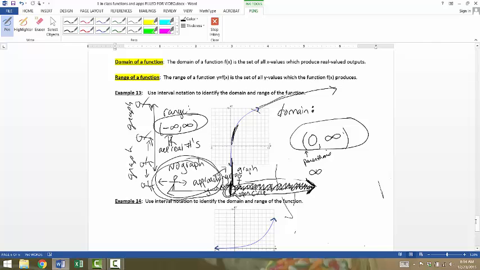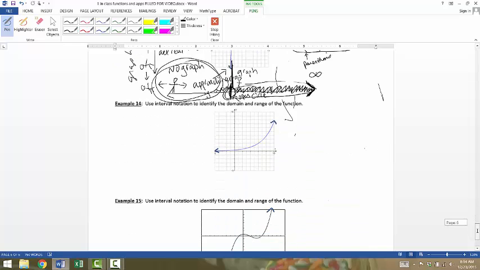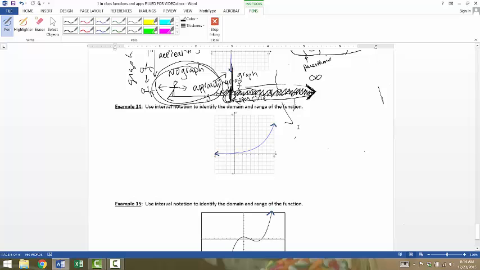Let's try example 14. Use interval notation to identify the domain and the range of the function. Let's start with the domain. Domain is the set of all x's that produce real valued outputs, the set of x's that produce graph. So again, I draw a number line left to right, and I imagine walking left and right on this number line and asking, does the graph exist where I'm standing?